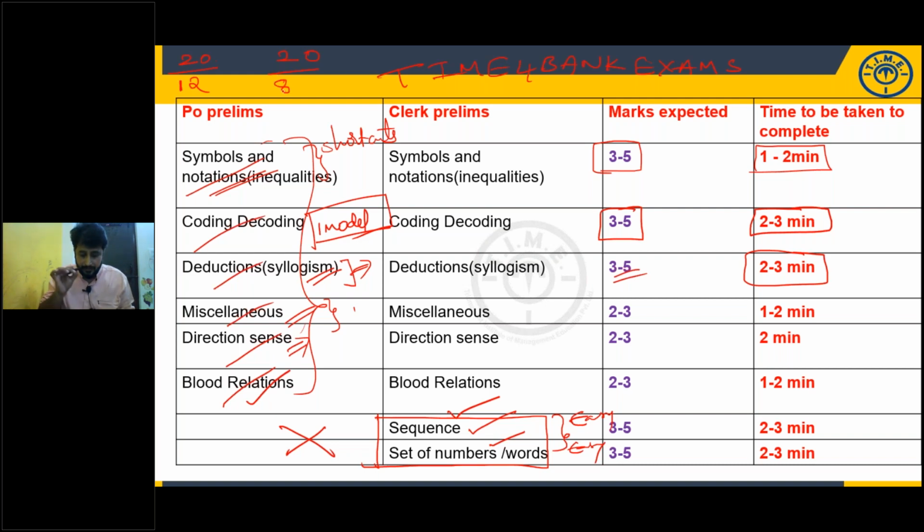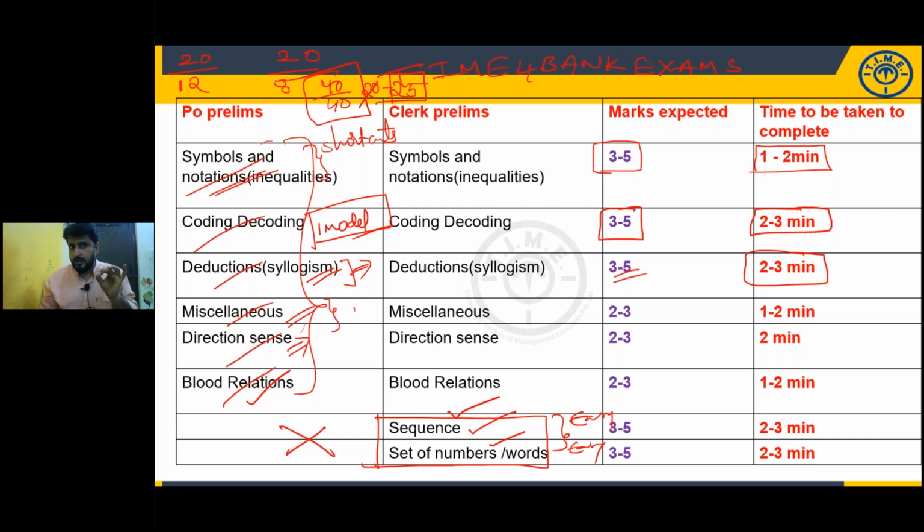I can assure you that by practicing or by watching our videos, you can score 40 out of 40 in 20 to 25 minutes. If your speed is good, you can complete it in just 20 minutes. If your speed is average, in 25 minutes you can score 40 out of 40 without any doubt.